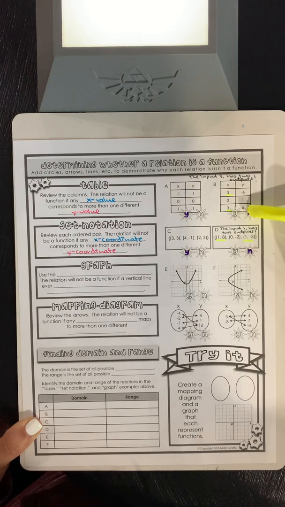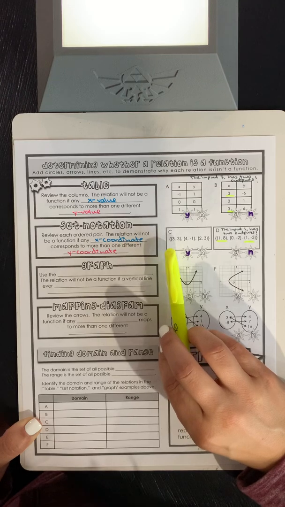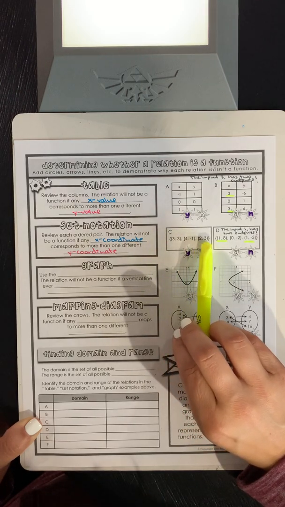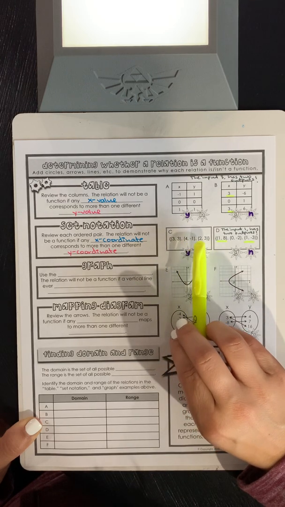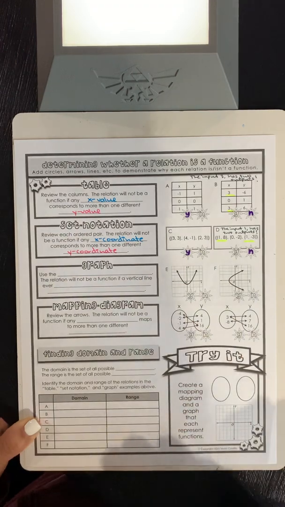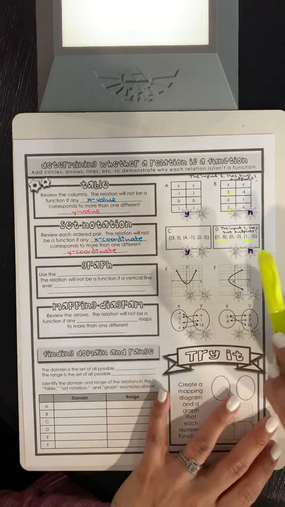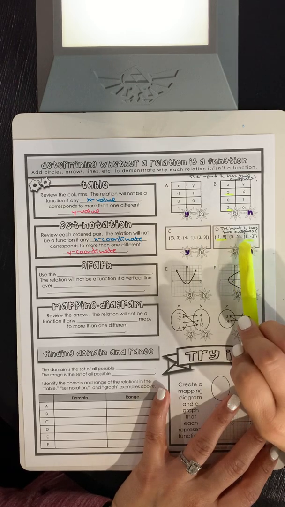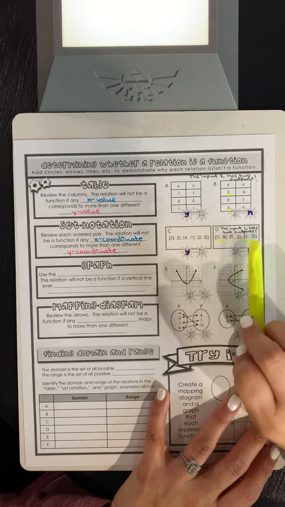We can't have that, therefore this is not a function. Very similarly, our coordinates: 3 produces 3, 4 produces -1, 2 produces 3. Each of these inputs or x values produced only one output, therefore C was a function. And D was not a function because the input of 1 ended up having 2 different outputs, 8 and -3.